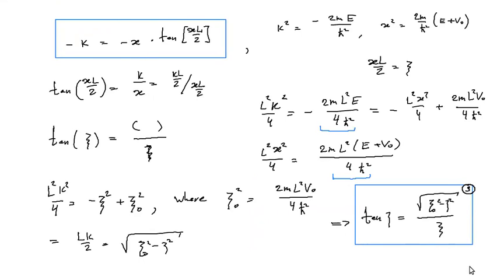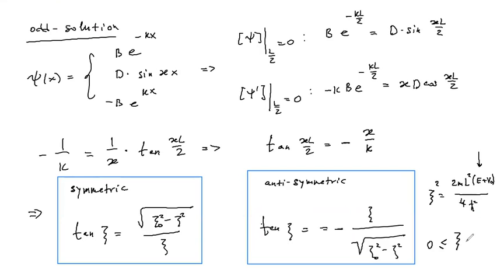So the maximum possible xi is xi naught. And this is very good because if I have xi greater than xi naught, I have a negative value under the square root, which could be a problem for me. I don't want to go higher than xi naught. I'm just going to be confined between 0 and this parameter.